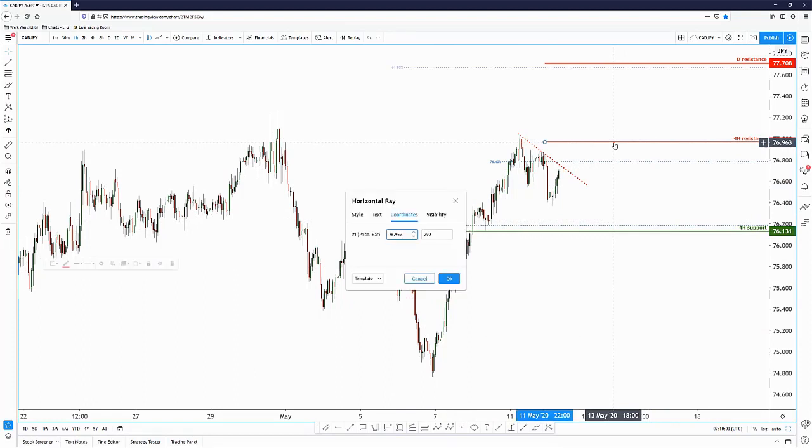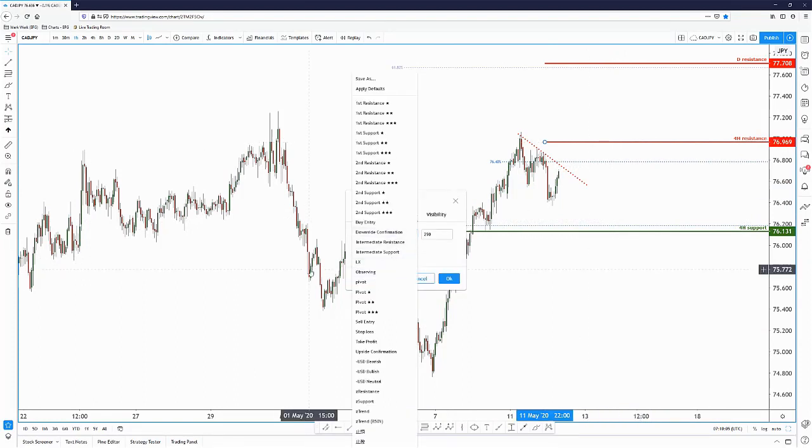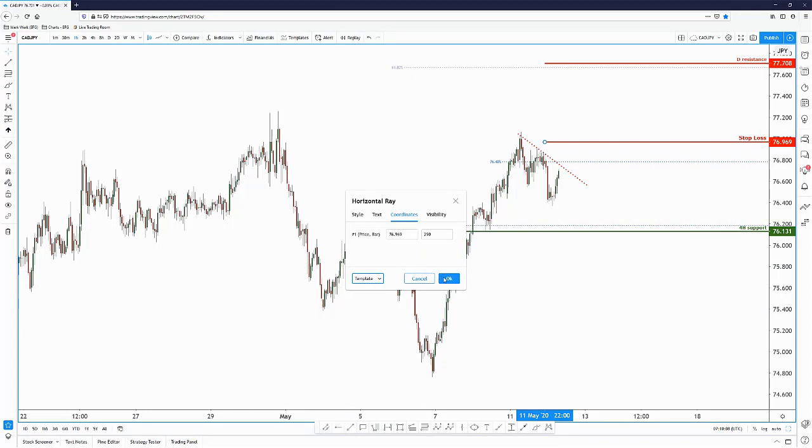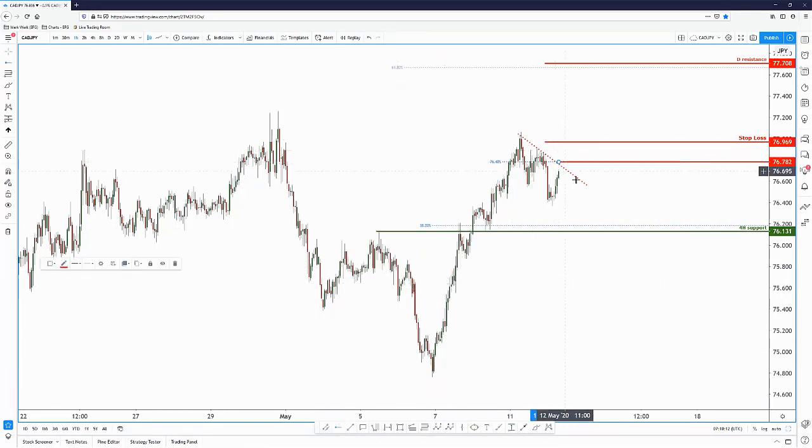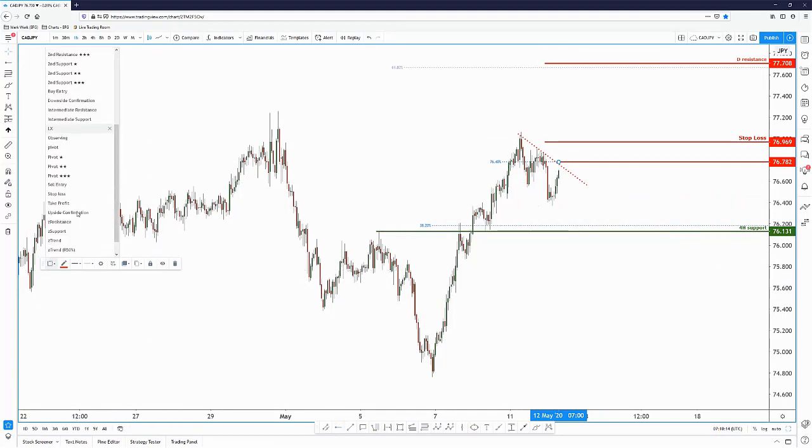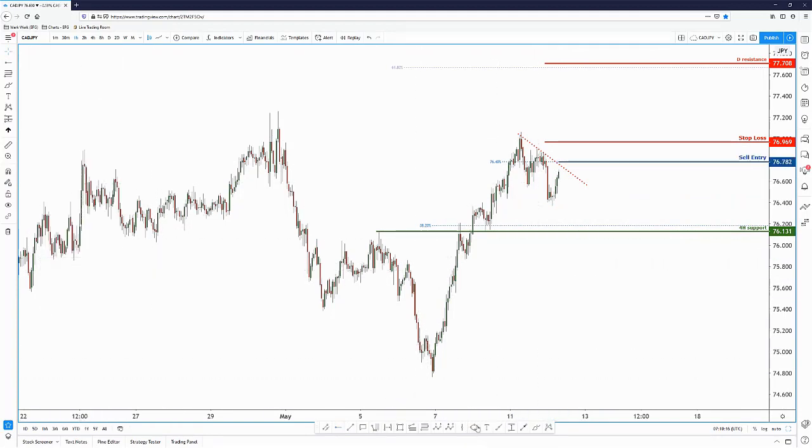So what I'll do is this 4-hour resistance can be my stop loss, with my sell entry at the 76.4. And of course, my take profit will be at the 4-hour support.